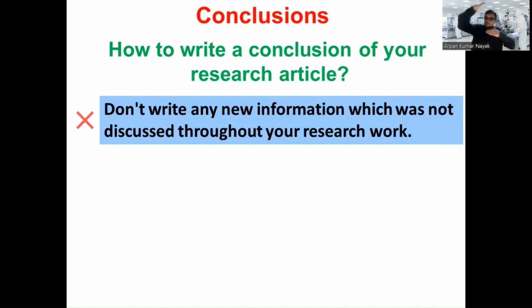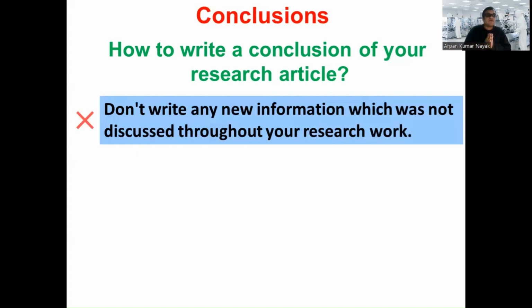That means your introduction, methods, results and discussion, whatever you did. From all these parts, whatever message you want to convey in a few sentences, you have to write it here. You should bring all these things from what you discussed in the introduction, method, or result and discussion sections.